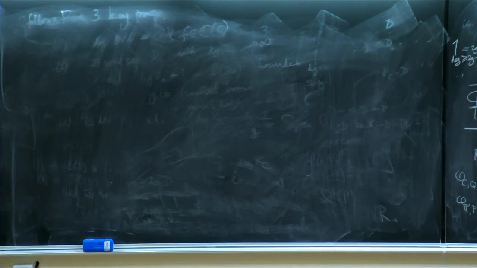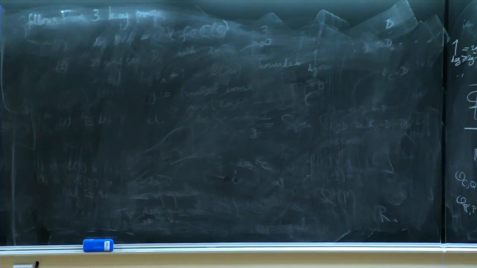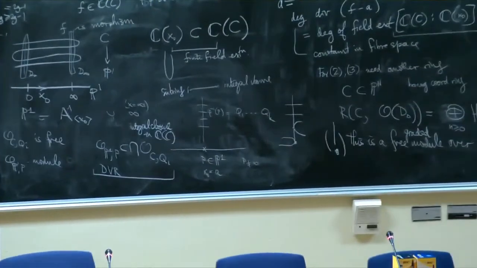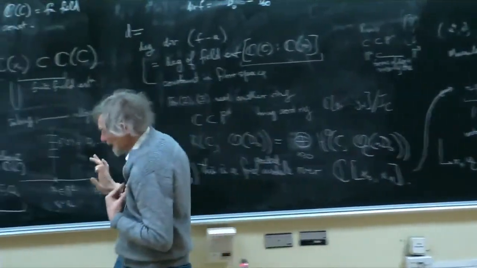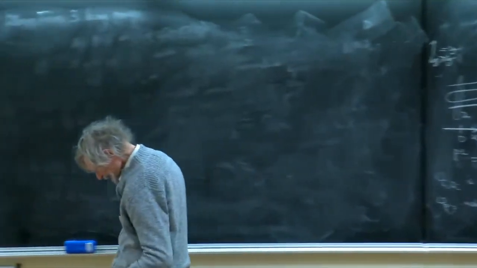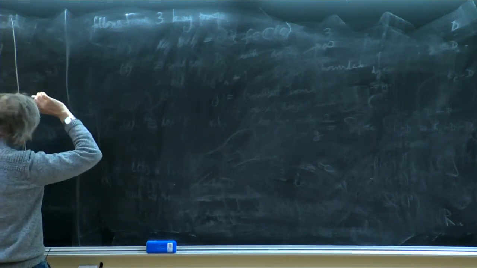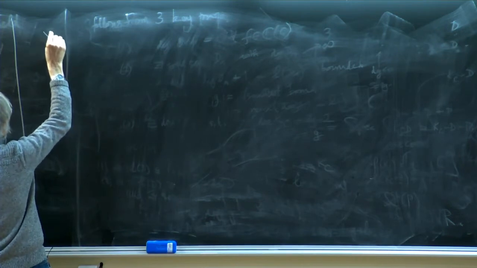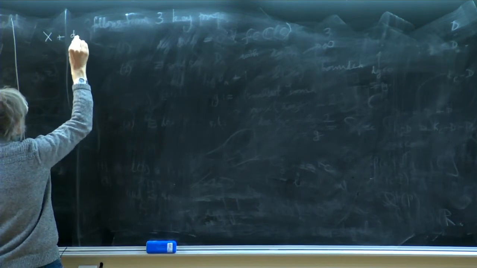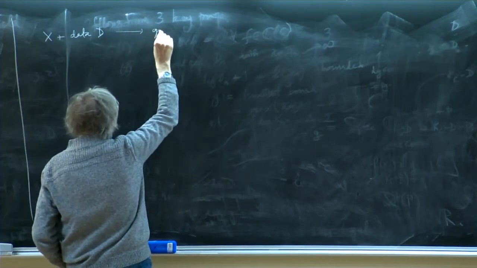Okay, so let me pass on to another topic. So if this is confusing you, if you don't like what I said, then please forget about it. So remember my general policy, my general subject is I want to go from X plus data, usually a divisor, to a graded ring.